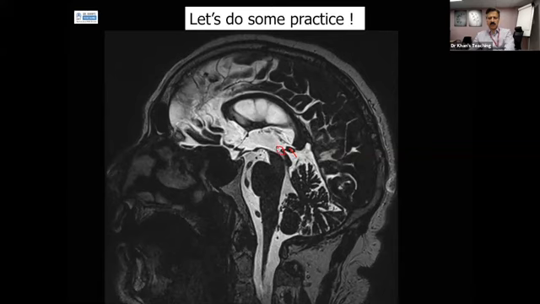Which commissure is this? Posterior. Okay, very good. So what is this? You see this thing? There is a commissure here. Anterior.